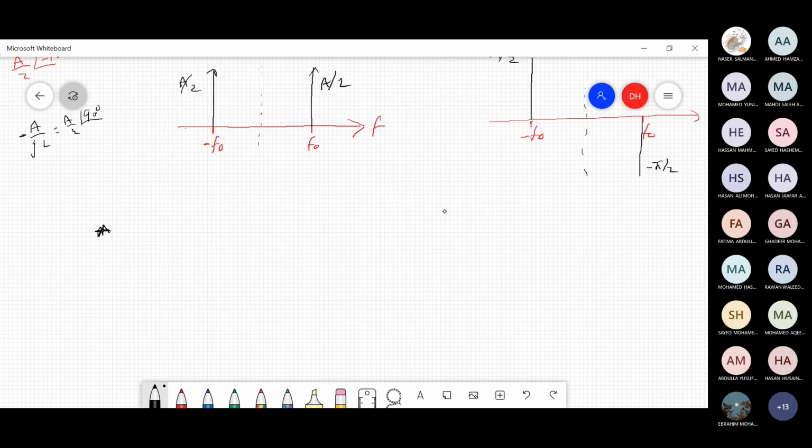X of t equals A cosine omega naught t plus theta.